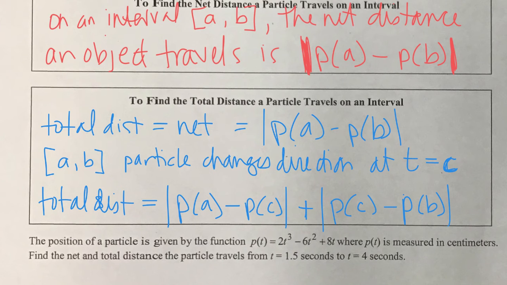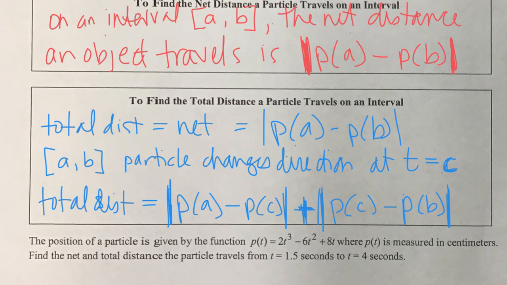If we're changing direction, we still have our absolute value to make sure that the distance we cover is a positive value, because you can never go a negative distance. It's always positive. If it changes a couple of times, then there are multiple C values, maybe a D value or an E value on this interval. You add them all up, you take the right going distance, add it to the left going distance, and that is your total distance.